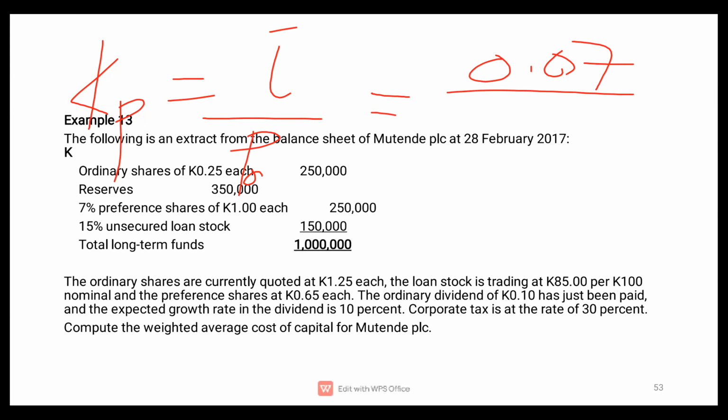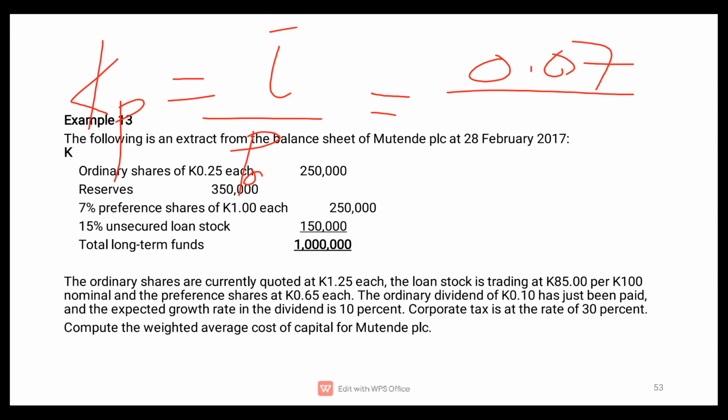Each of them, how much is the preference share? 1 kwacha. So each preference share is 1 kwacha. What about the nominal value?